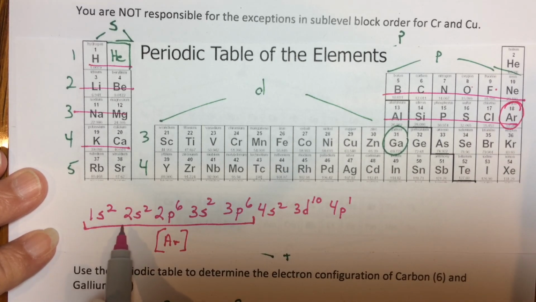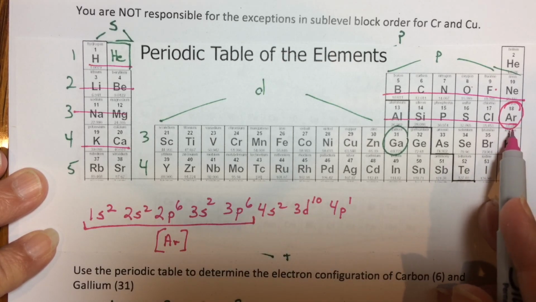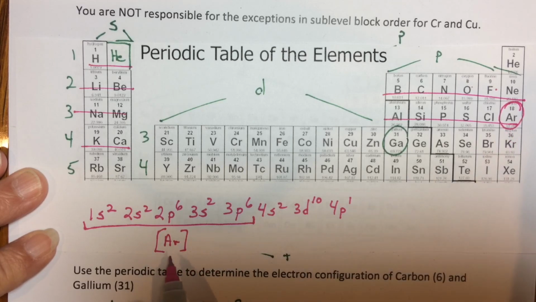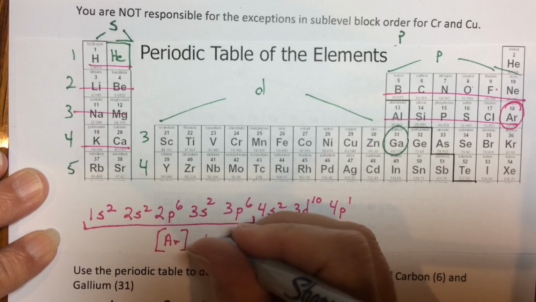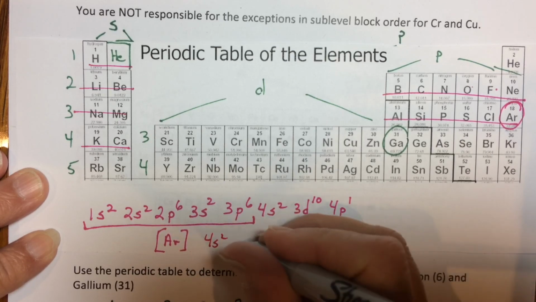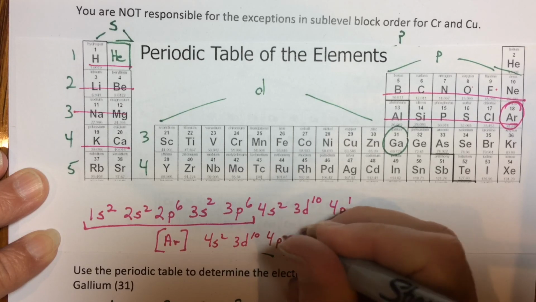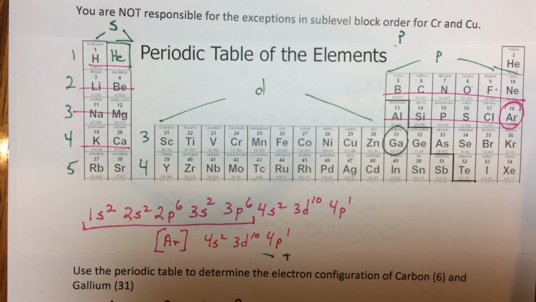The 1s2, 2s2, 2p6, 3s2, 3p6, that is the configuration for argon. So you can go back to the next noble gas and just substitute argon for that, and then you just have to write 4s2, 3d10, 4p1. And that makes it a lot shorter. You can do that with any of them.